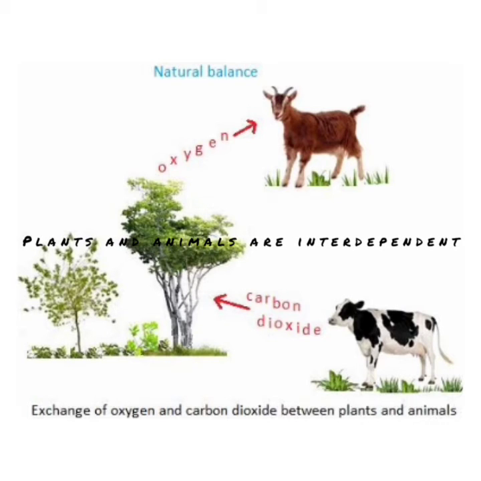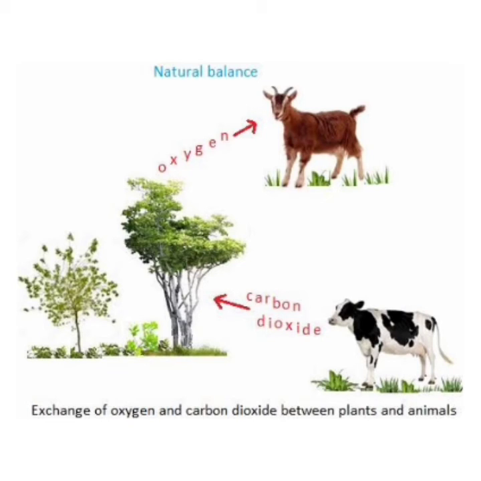Plants and animals are interdependent. Animals give out carbon dioxide during breathing, which is used by the plants in the process of photosynthesis. Animals and human beings depend on plants for food. Plants give out oxygen during photosynthesis. Oxygen is essential for the survival of all living things.